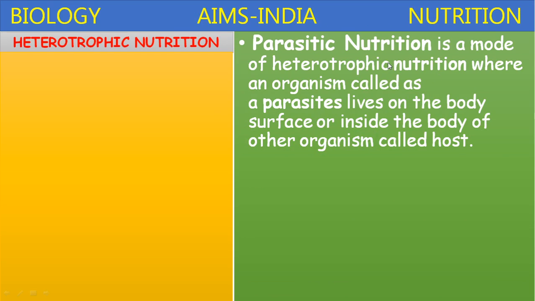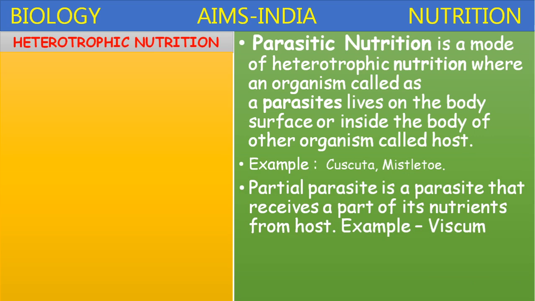Parasitic nutrition. Parasitic nutrition is a mode of heterotrophic nutrition where an organism called a parasite lives in or on the body surface of another organism called the host. For example, Cuscuta and mistletoe. These two are stem parasites.